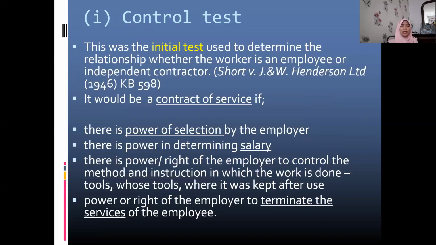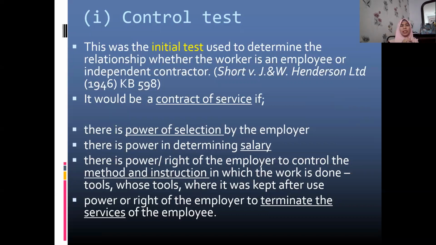From this case, the court formulated the rule or the principle here. It was observed that it will be a contract of service if there are four requirements. First, if there is power of selection by the employer. So it all goes back to control. The employer has control to select the employee. The second one, there is power in determining salary.